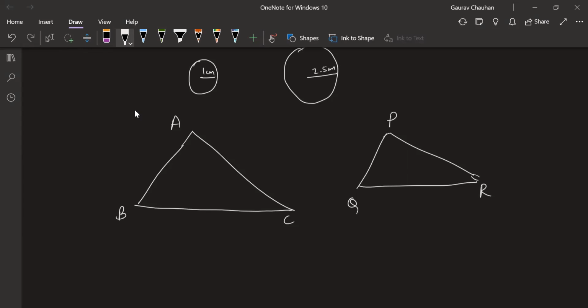These two triangles which I've drawn here, now let us assume this for the following things. Actually, let me make it a little bigger.